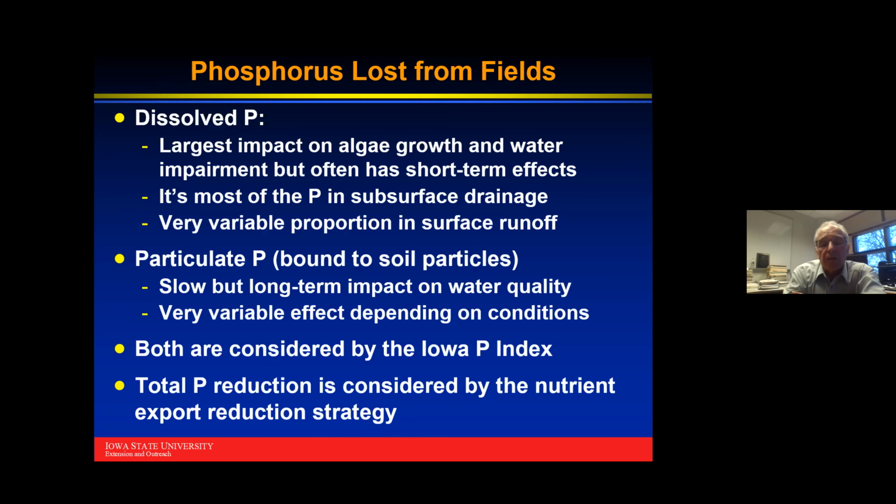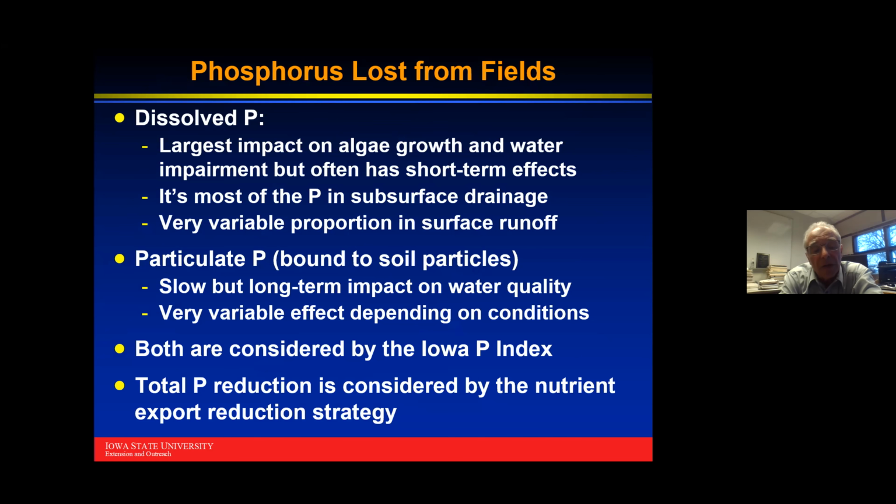The impact is very variable depending on conditions, but in Iowa lakes mainly, or other lakes that are shallow, this is a very important source of bad water quality because of the effect of wind, fish, boats or things like that. So both are considered by the Iowa P index.